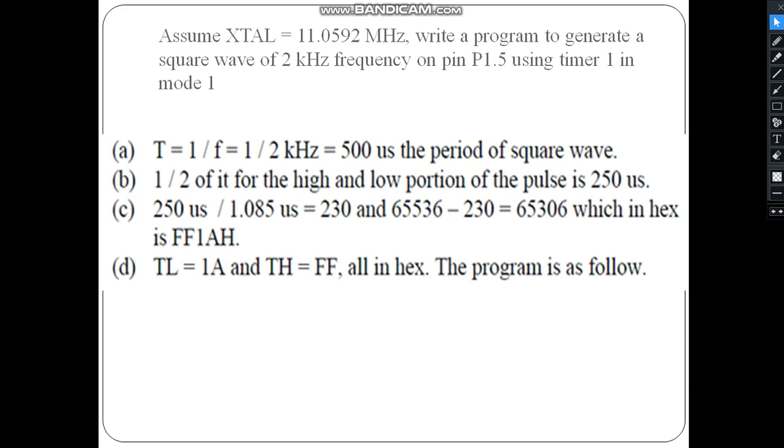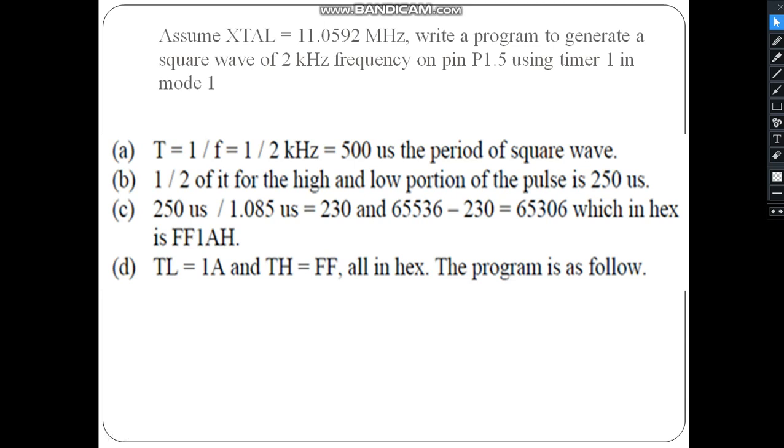To calculate the value that has to be loaded into the THTL register, the formula is maximum value. The maximum value in mode 1 is 65,535, plus 1 is added, hence the value is 65,536 minus the n value, 230. So we get the value 65,306.